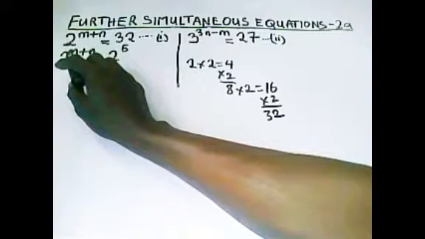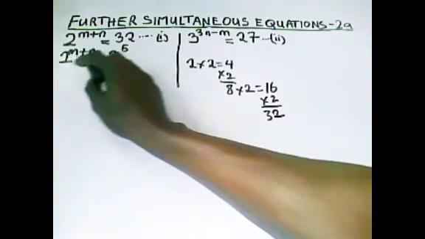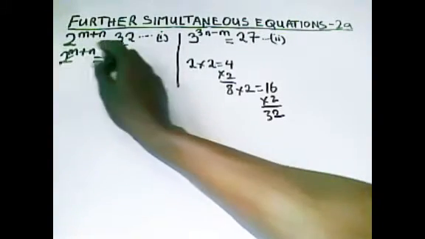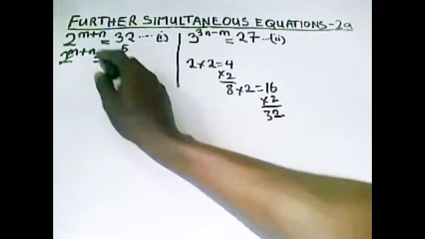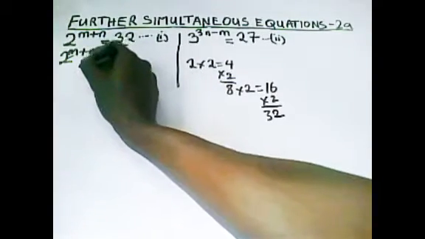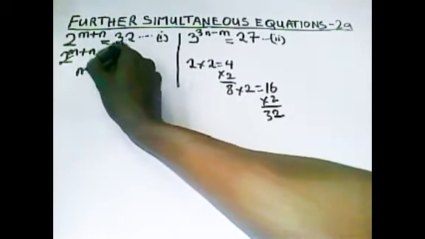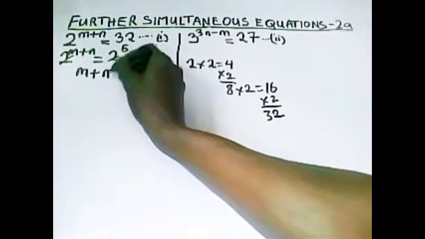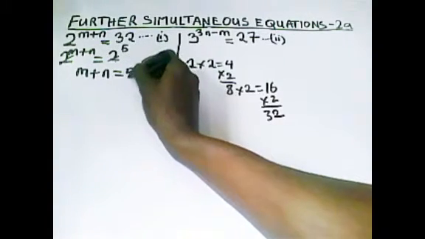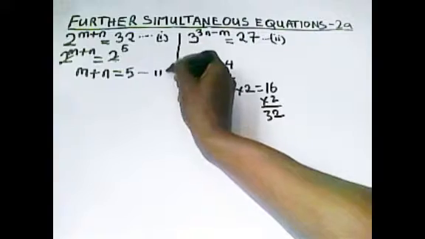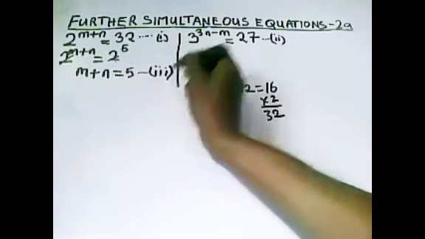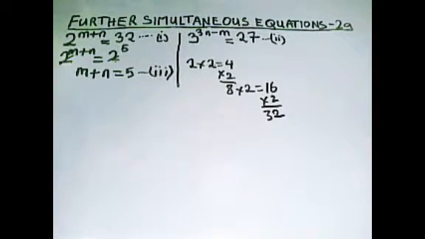Now you can see that the base is the same, so we can strike it out and then equate the powers. So here we have m plus n equals 5. We have the third equation, which is a linear equation. So m plus n is equal to 5.